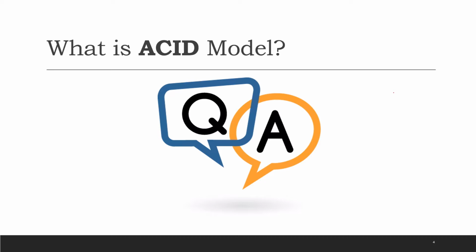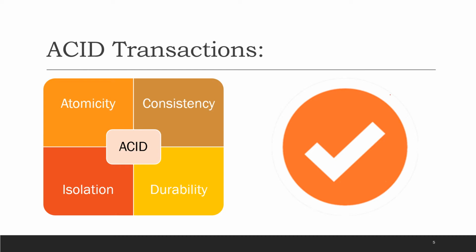Have you heard of it? Do you know what ACID stands for? In ACID transactions in databases, A stands for Atomicity, C for Consistency, I for Isolation, and D for Durability. And what does each of these mean?